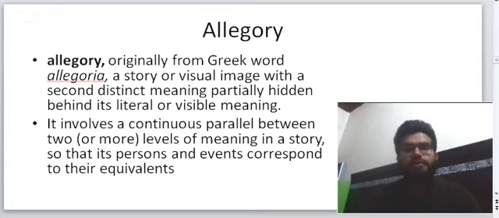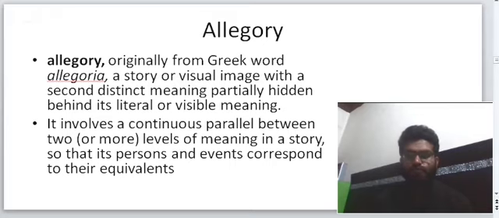Allegory is originally from the Greek word allegoria, and it means a story or visual image with a second distinct meaning, partially hidden behind its literal or visible meaning. So, basically the writer creates a kind of story or an image that has double meanings.